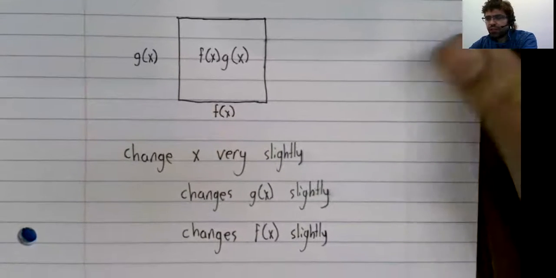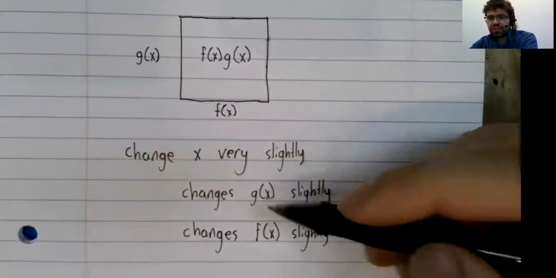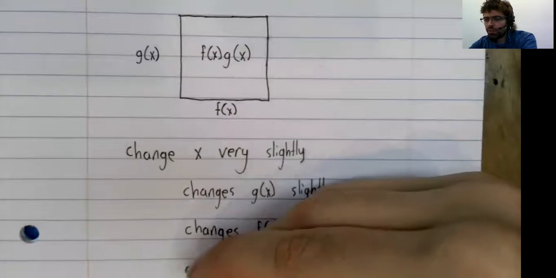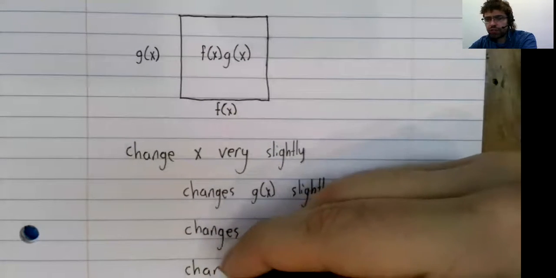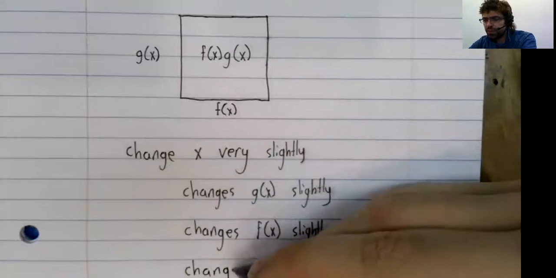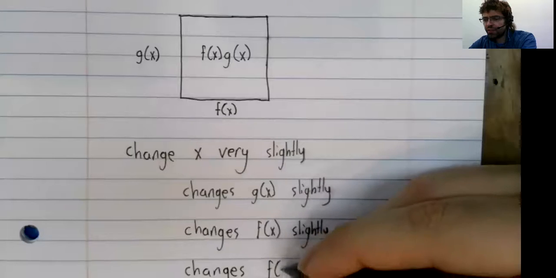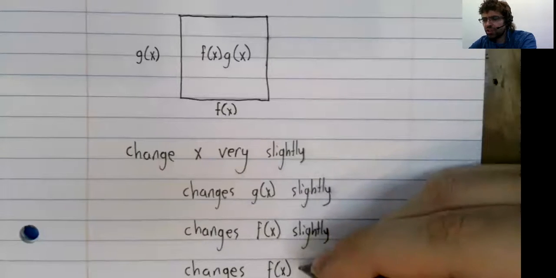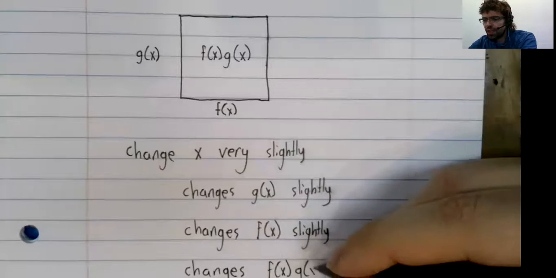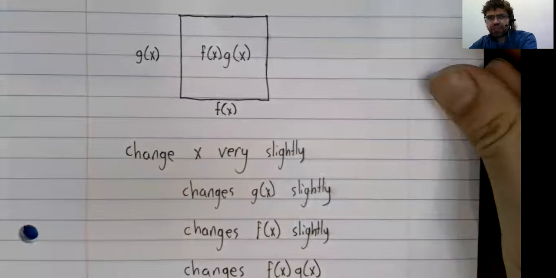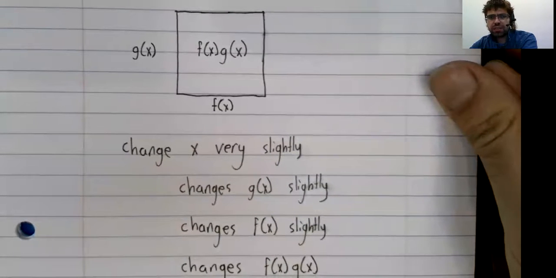And then, of course, this and this together have the property that it changes f of x times g of x slightly.